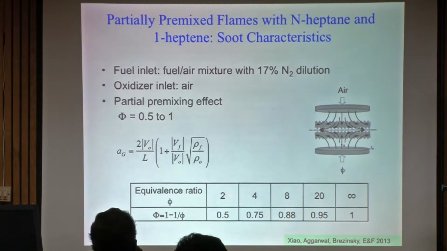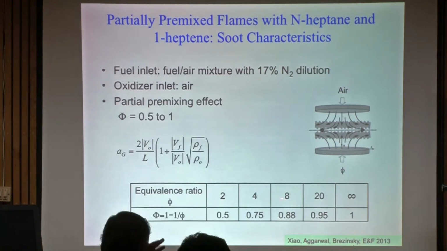Now when you plot the results, it is very difficult to plot along the x axis from 2 to infinity. That's a very wide range. So instead of phi, we use this variable: big Phi is 1 minus 1 over phi. When the equivalence ratio is infinity, diffusion flame, this will be 1.